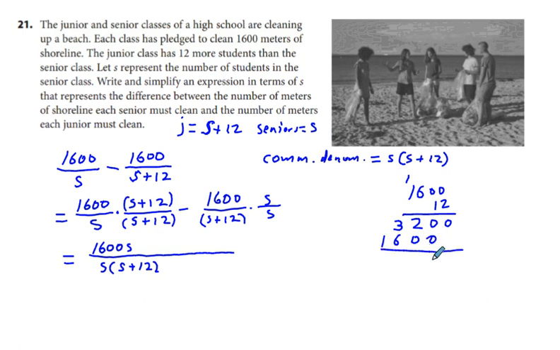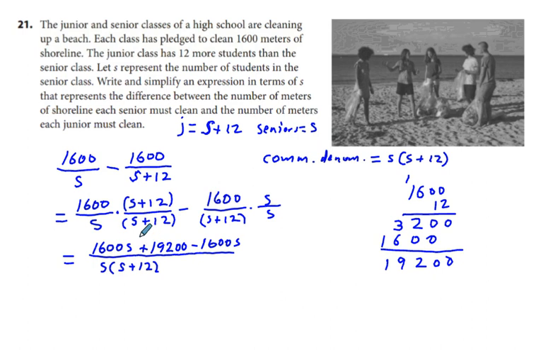Yeah, so we get 19,200. So we have plus 19,200, and then we have minus 1600S.